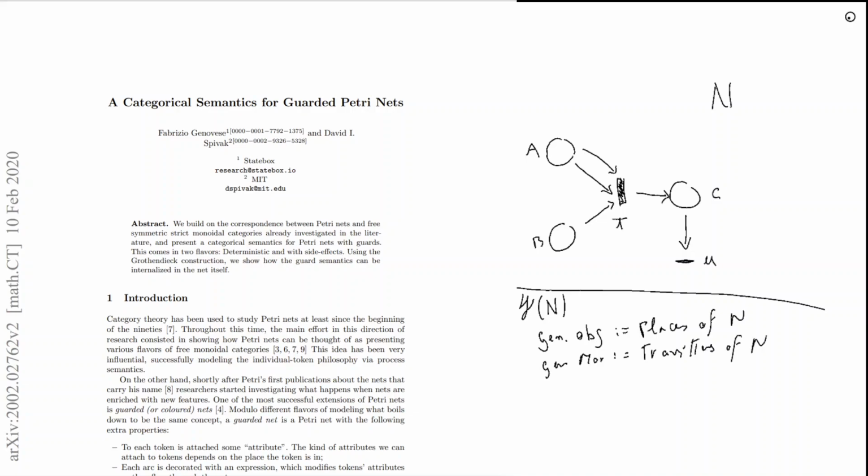Okay, so for instance, an object in F of N will be something like this. And this represents a marking. This is basically saying that we have 2 tokens in A and 1 token in C. And the morphisms in this case will be generated by identities, symmetries, and this morphism here, and this morphism here.